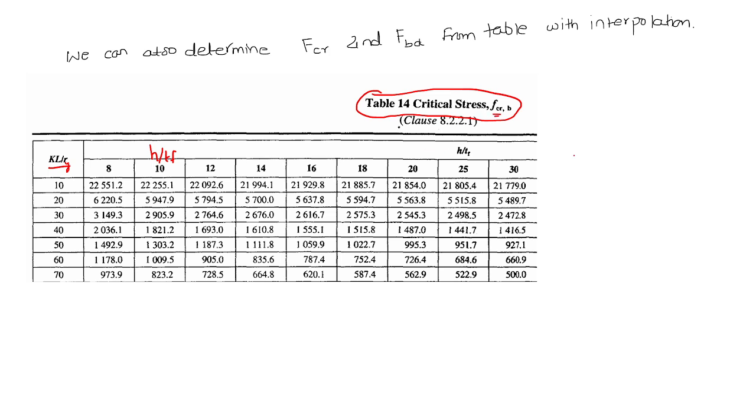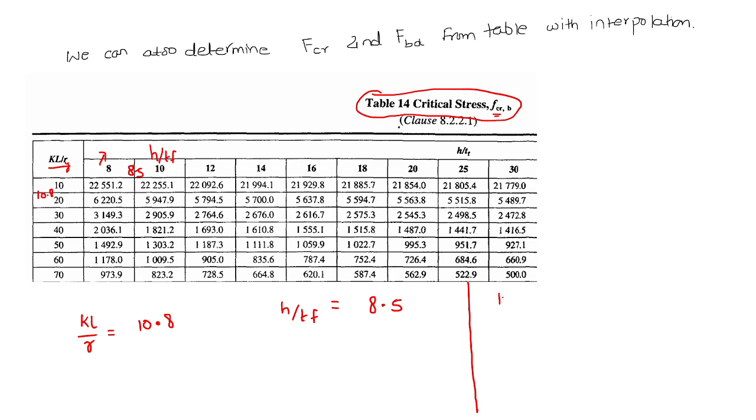I wanted to discuss one thing: what happens if, let's say, this KL divided by R is equal to 10.8 and this H by TF ratio is equal to 8.5. This 8.5 is in between these two and this 10.8 is in between these two. In that case we will do two-step interpolation. First of all we will fix this.